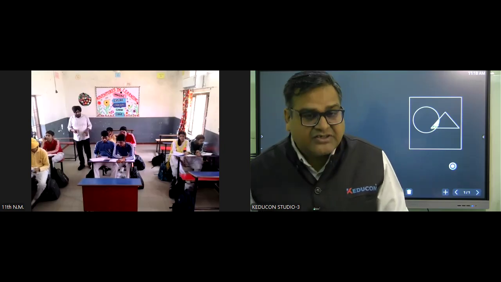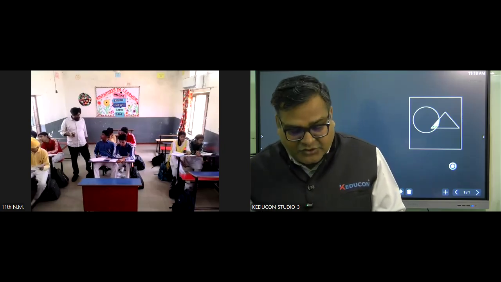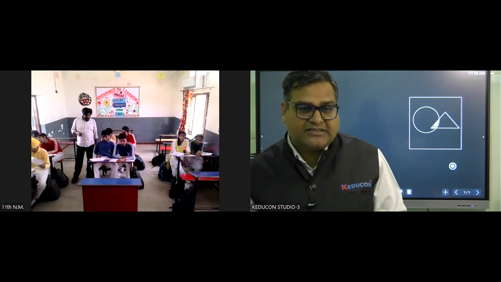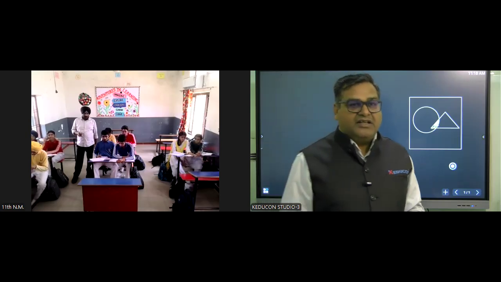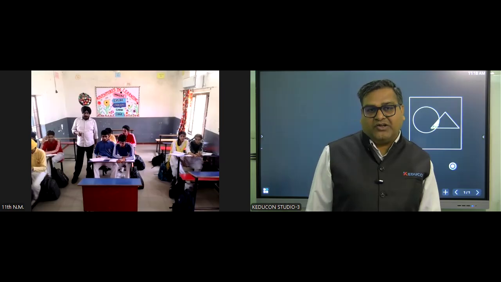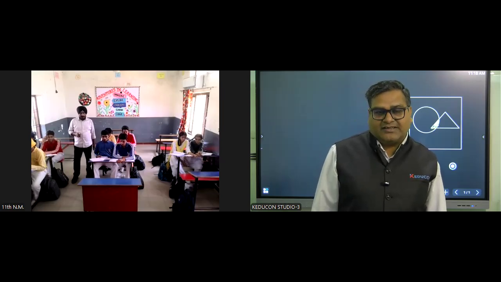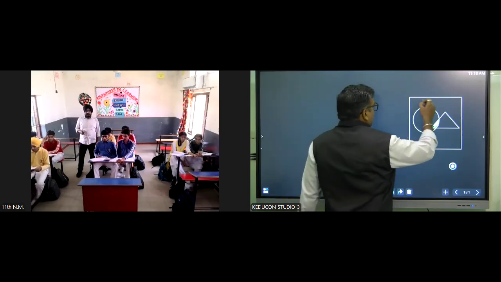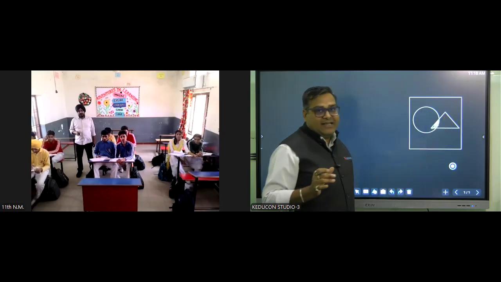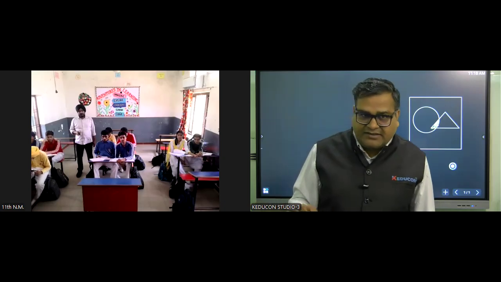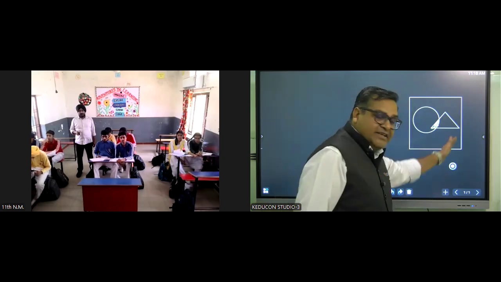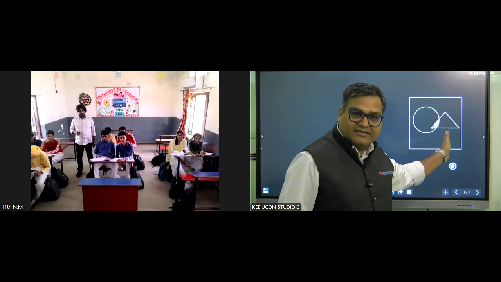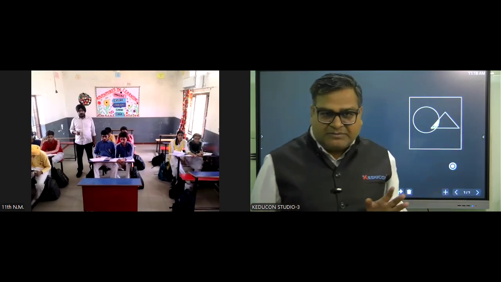Now coming to the third choice. S union T union C is equal to S. Now students, what he says is that the union of all three, circle, triangle and square, is the square. देखिए बच्चे, since circle and triangle are contained in the square, the union of all three is the square.